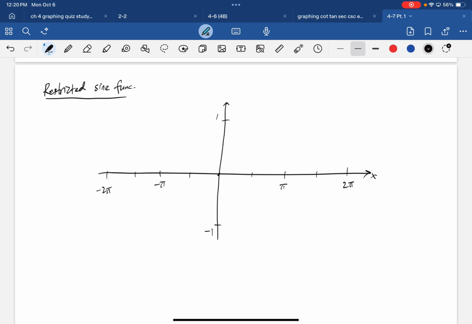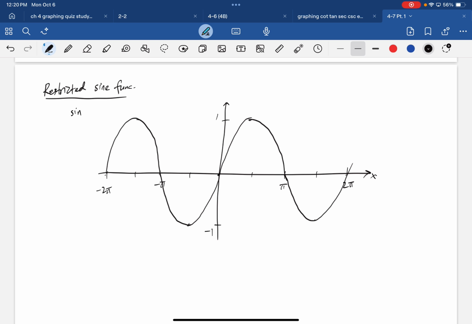Okay, so I know that's going to pass through here, here, here, here, and so my graph looks like that. And so evidently this sine function does not pass the horizontal line test.